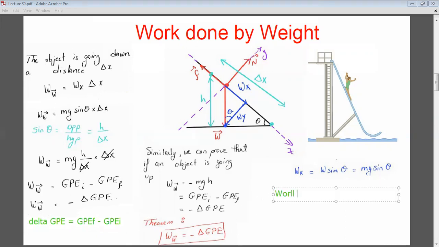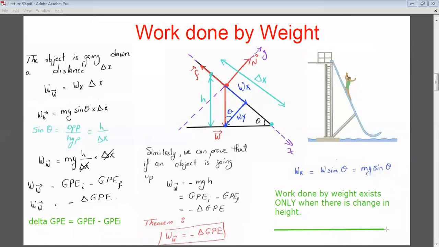So when do we have work done by weight? Work done by weight exists only when there is change in height. That is, there will be delta GPE. If there is no change in height, for example, when the object is moving on a horizontal surface, delta GPE will be 0 because there is no change in height.